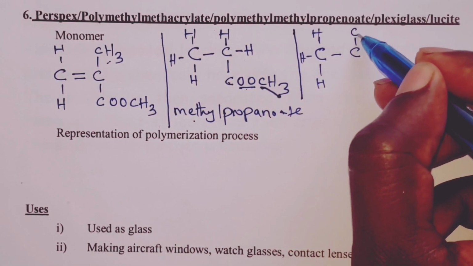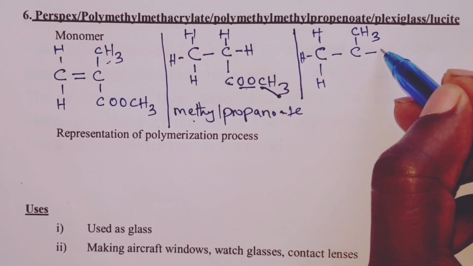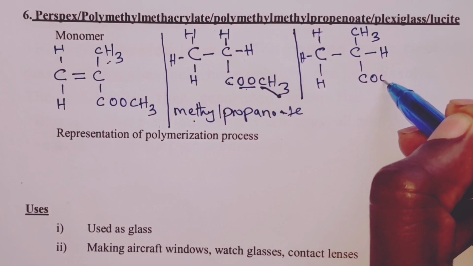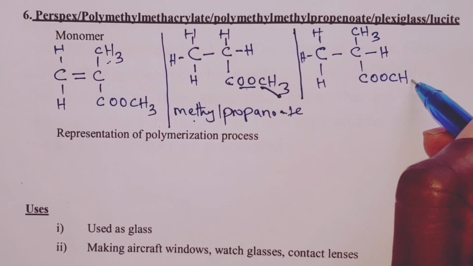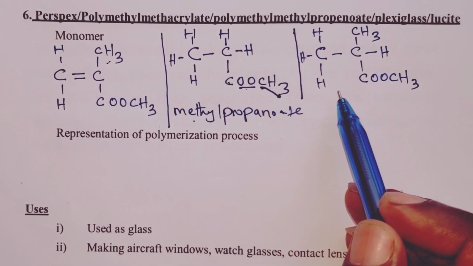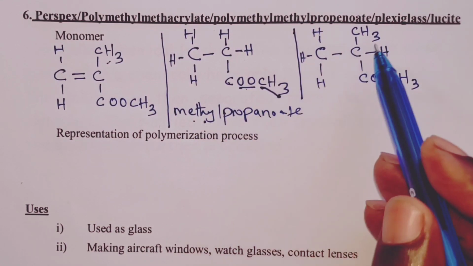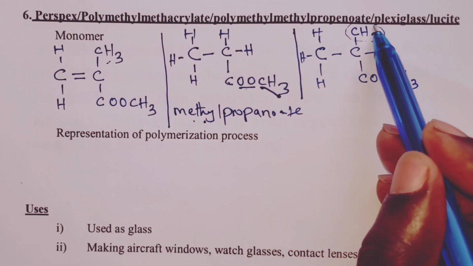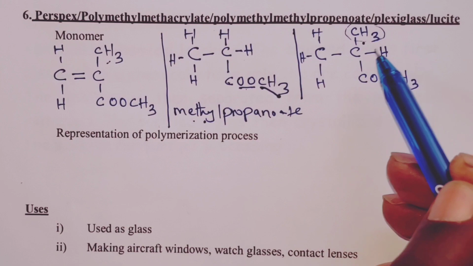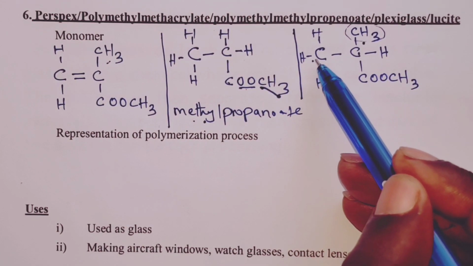And then I'm now creating a branch of methyl group on my carbon 2, so that I have a structure that is almost similar to my monomer. So for our third structure, the name is almost similar to the second one, but we have to take care of this branch. This is a branch that we call methyl, and it is on carbon number 2 if we count from the left hand side.